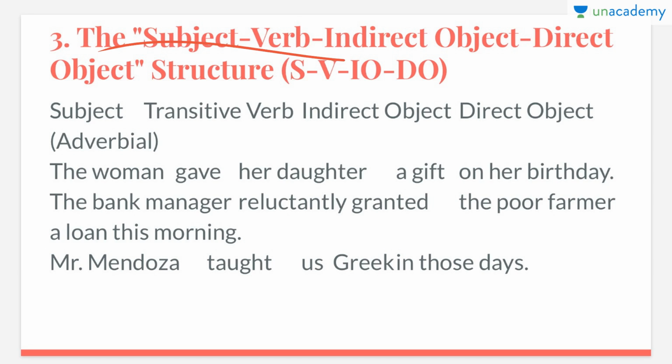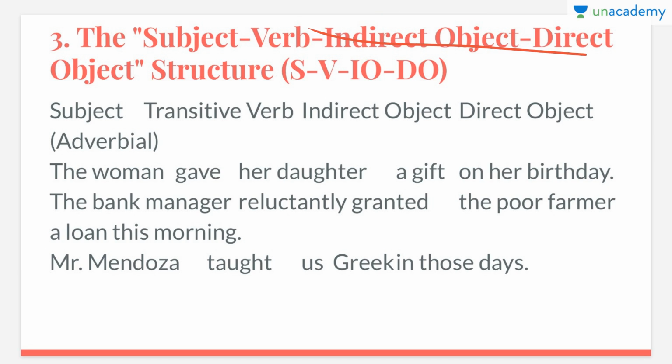The subject-verb-indirect object-direct object structure. Subject is important, then the verb, the action verb, then the indirect object and direct object. You have an option in between them: either you can put both the indirect object and direct object, or you can put only the indirect one or only the direct object.